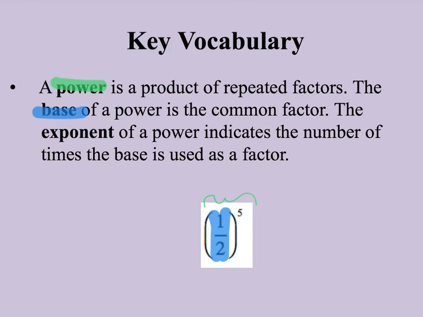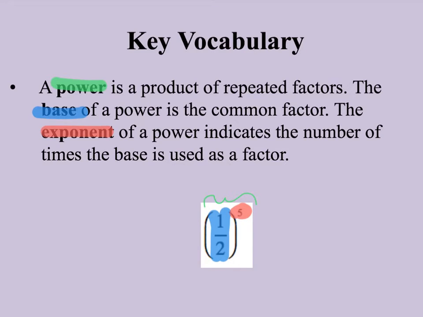The third word we're going to talk about is exponent. The exponent of a power indicates the number of times the base is used as a factor. So in this example, our exponent is 5. It basically means that we're taking our base, which we already said was 1/2, and multiplying it by itself 5 whole times.